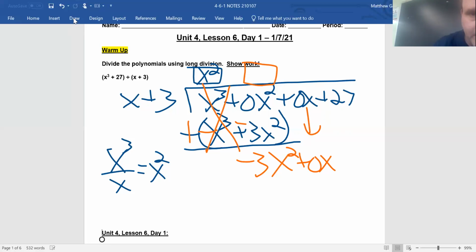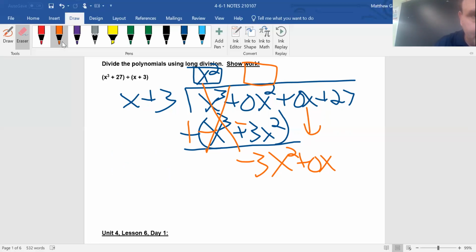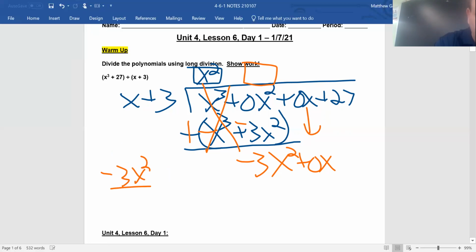We need a second box here. So something times x gives you negative 3x squared. Negative 3x squared divided by x, that's negative 3x. So that goes up here.